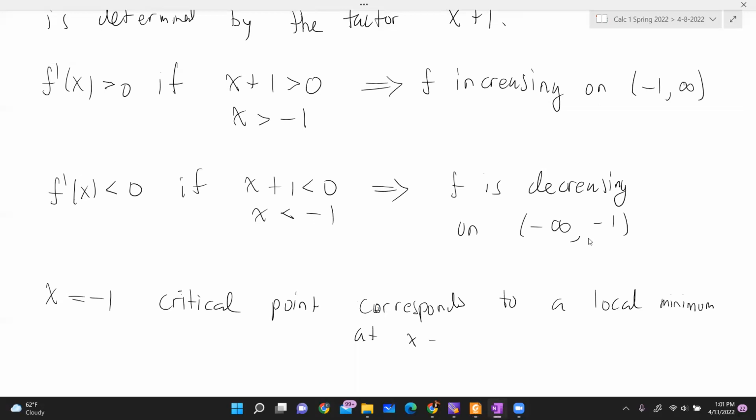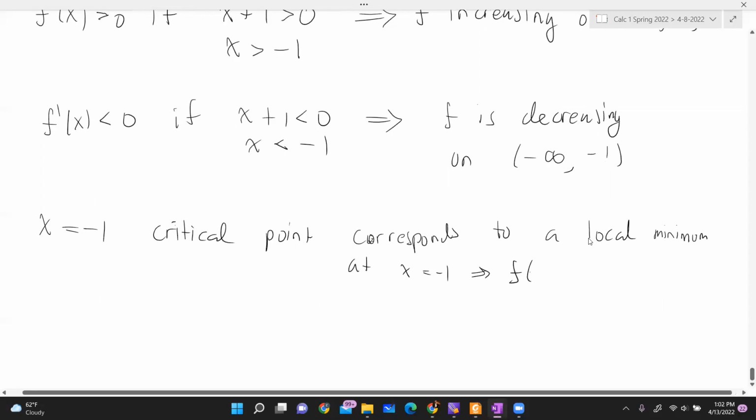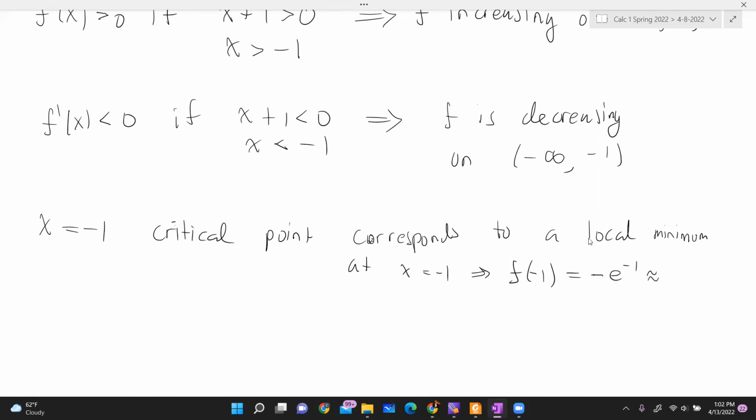If you plug negative 1 into the function, you get negative e to the negative 1, and the book gives you a decimal approximation, which will sort of help: that is approximately negative 0.37. It turns out that this local minimum is actually an absolute minimum as well, but we don't really need to know that in order to graph the function.